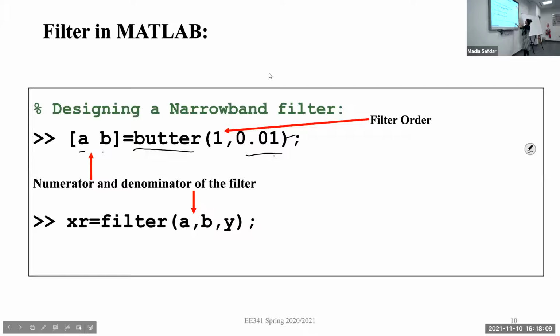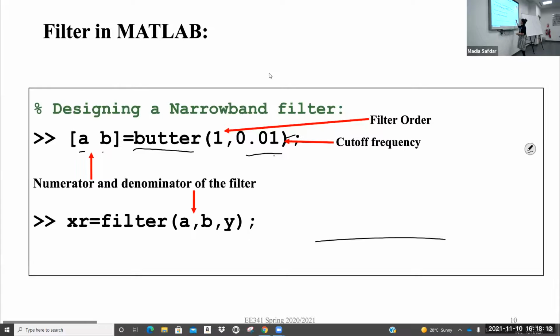Then the filter order, and this is the frequency. For example, for a low pass filter, this will be the cutoff frequency. Did you study this? Yes. The low frequency signals will be passed, and for high pass, the low frequency components will be rejected.